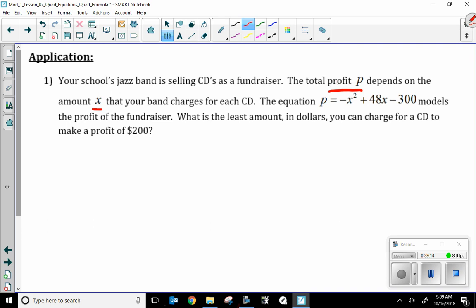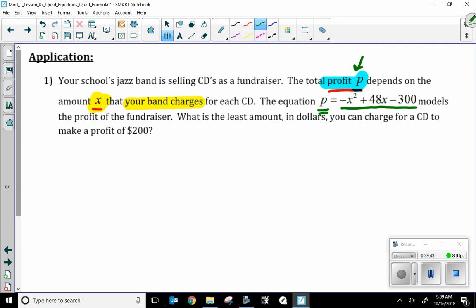So x is what your band charges. P is the profit. The equation is P, which is your profit, equals negative x squared plus 48x minus 300.